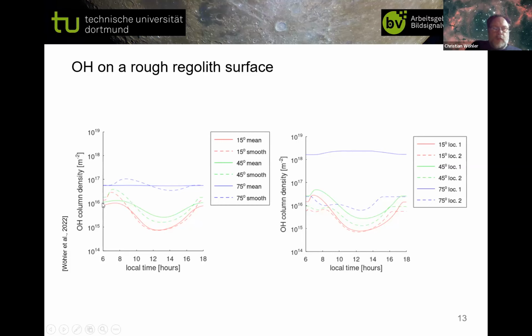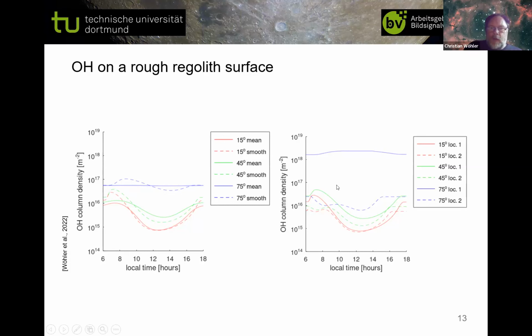Also at 45 degrees, the diurnal amplitude of the smooth surface is stronger than for the rough surface. And at 75 degrees, we see that the average column density on the rough surface is nearly constant, whereas there was a slight variation for the smooth surface.